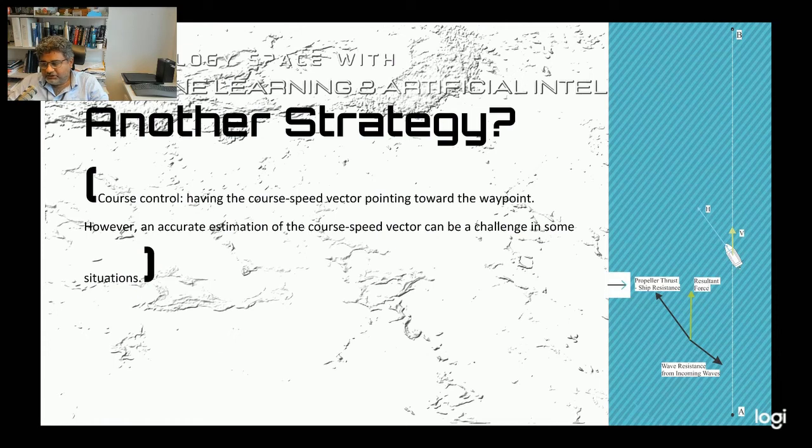That is the whole objective: to have these specific heading directions to make that course speed vector point towards waypoint B. As a result of this propeller thrust minus the ship resistance versus the ship resistance from the incoming force, there would be a resultant force pointing towards waypoint B. That resultant force then creates the course speed vector of this vessel. So this course speed vector will drift this vessel towards waypoint B.